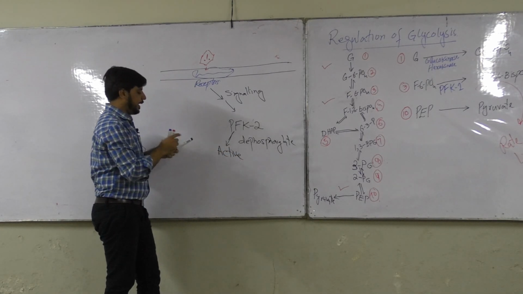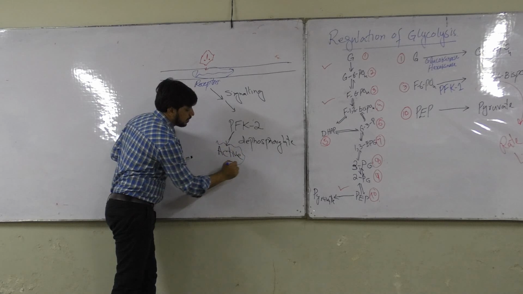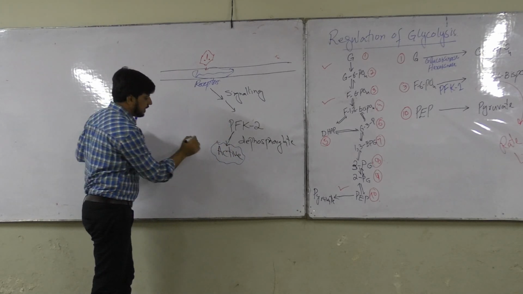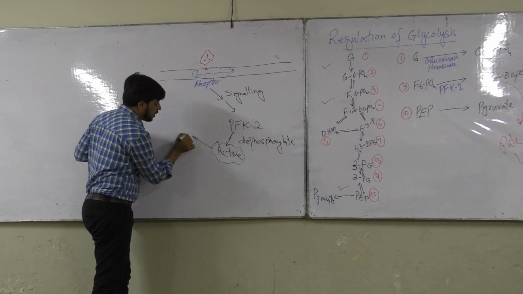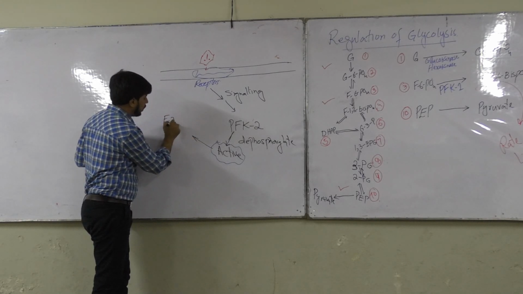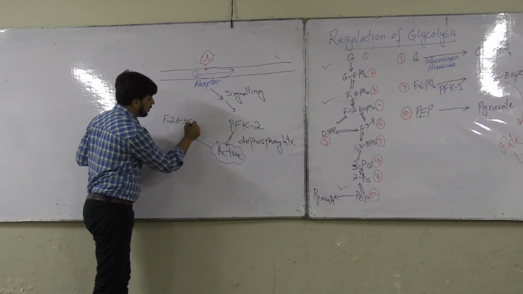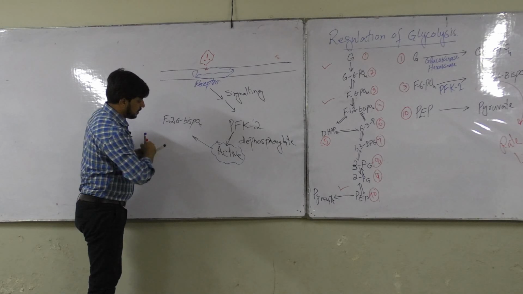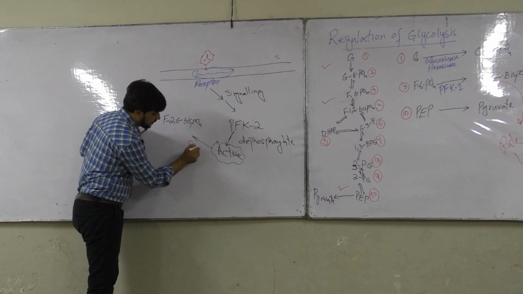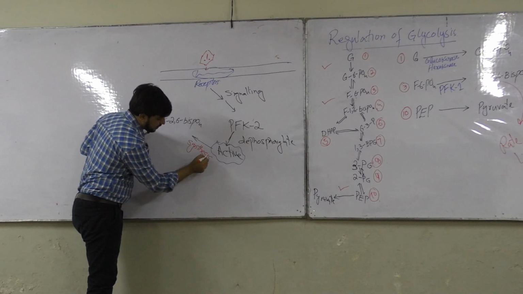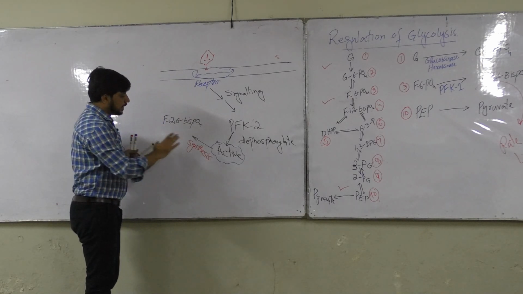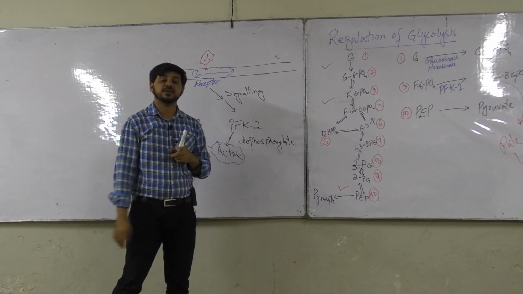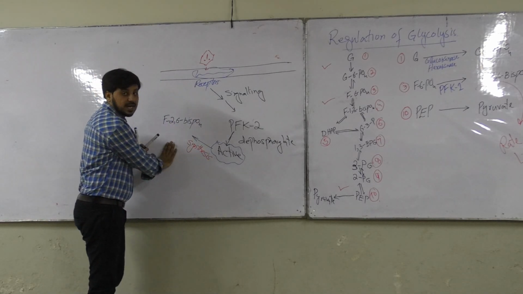active. And when this enzyme is active, it starts the formation of fructose 2,6-bisphosphate, so the synthesis will start.